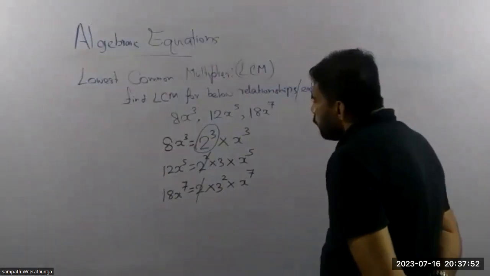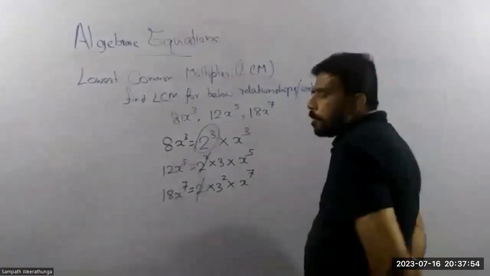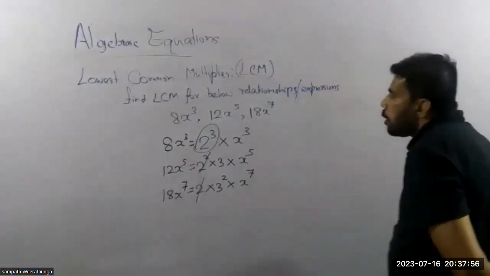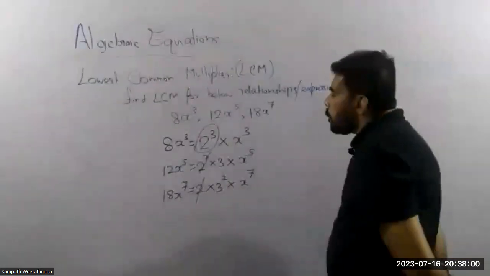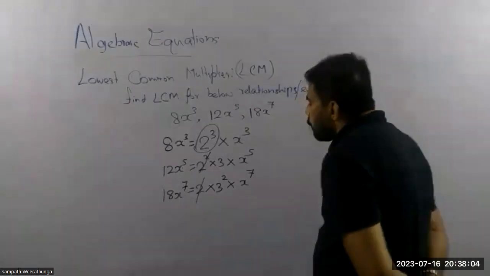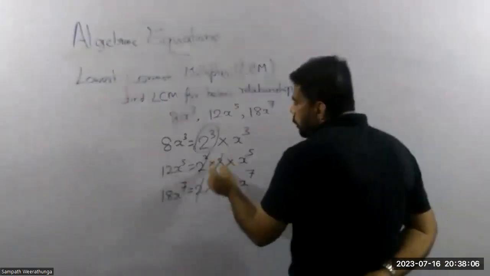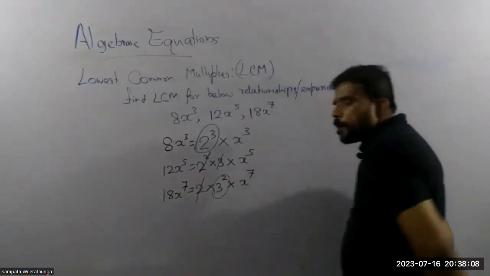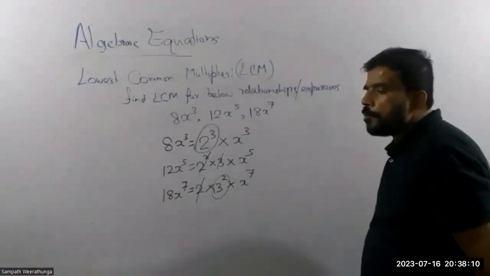Then 3: the first expression does not contain 3, but the second and third contain it, and out of those, 3 into 3 is the lowest common multiplier for 3.